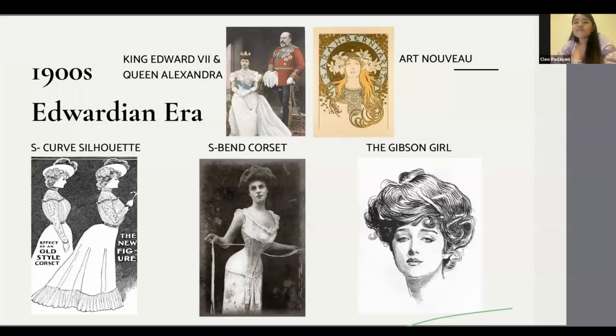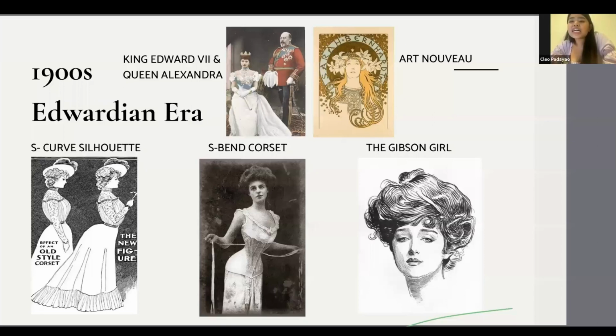Art Nouveau is very curvy and has very swirly lines, and it is very much drawn from nature. So how did they incorporate this in the silhouette of women? They wanted to have the S-curve silhouette, and by this, they started using the S-bend corset, as you can see in the second picture.